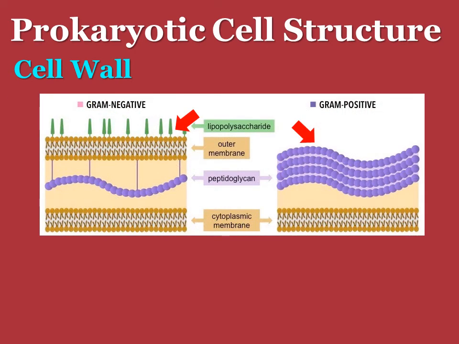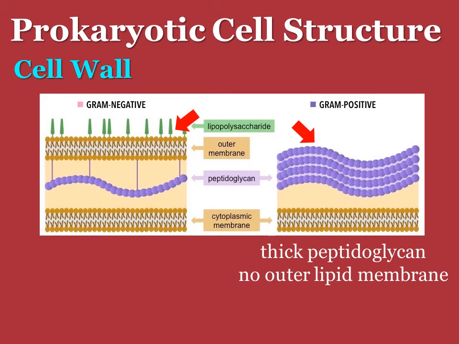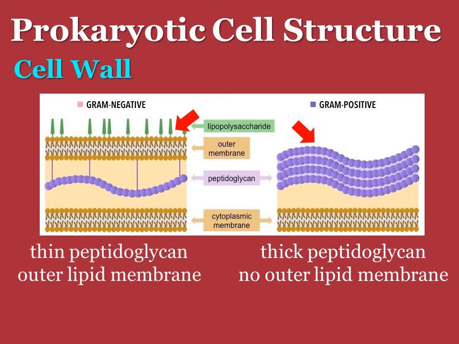The major component of the bacterial cell wall is peptidoglycan. Peptidoglycan is a polymer consisting of sugars and amino acids. Gram-positive bacteria have a thick peptidoglycan layer and no outer lipid membrane, while gram-negative bacteria have a thin peptidoglycan layer and have an outer lipid membrane.